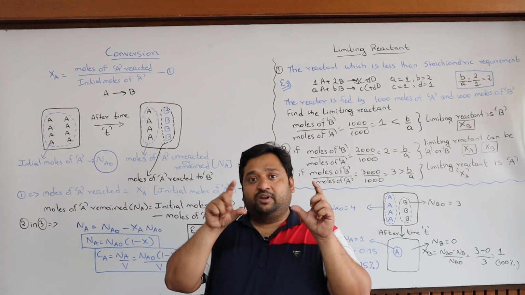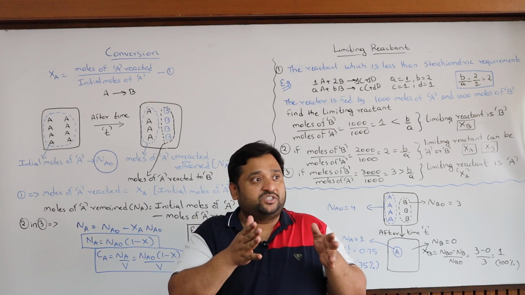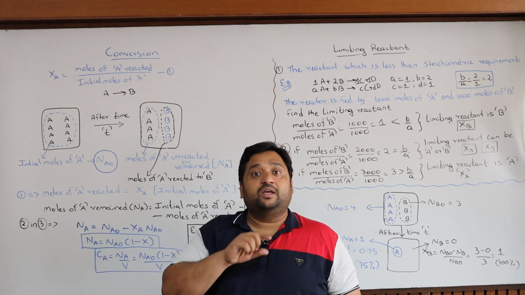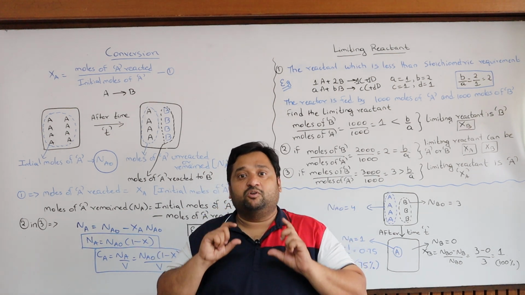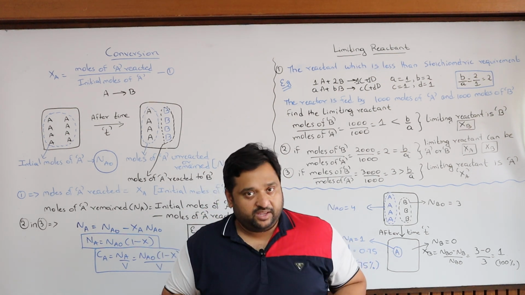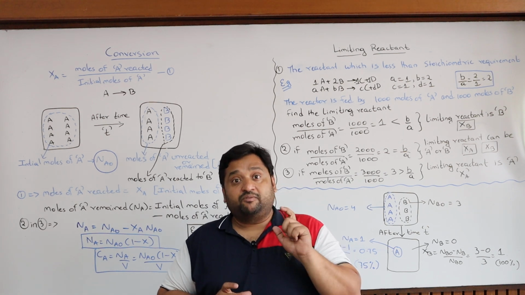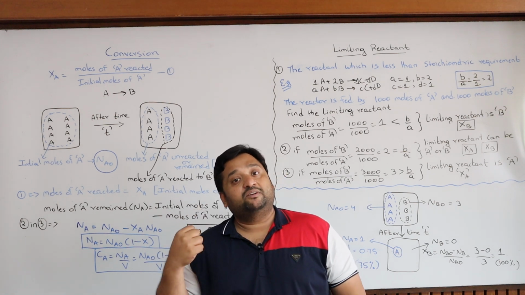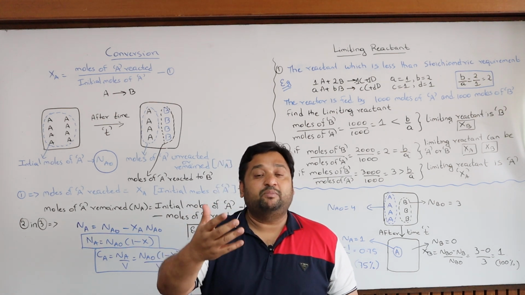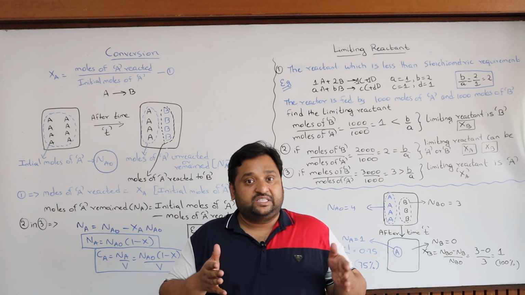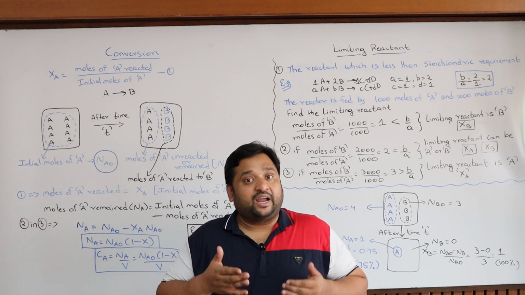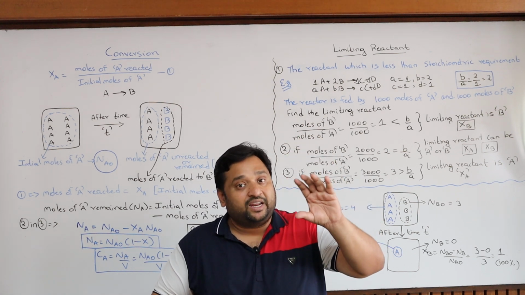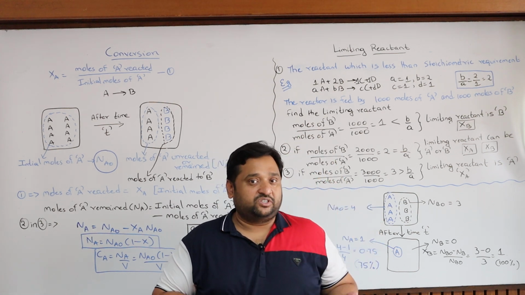I have to define my conversion, whether it is 10% reaction, 20%, 30%, or 100% reaction, based on one of the molecules, either A or B. Whether we consider A or B to define the conversion is decided by the limiting reactant. The one which is limiting the reaction is called the limiting reactant, and based on this limiting reactant we define the conversion.